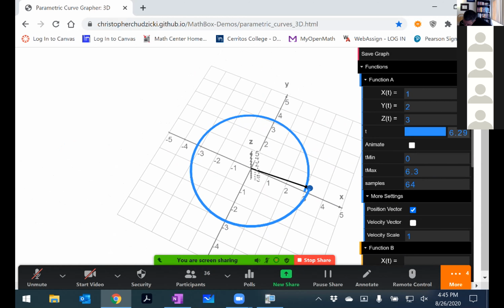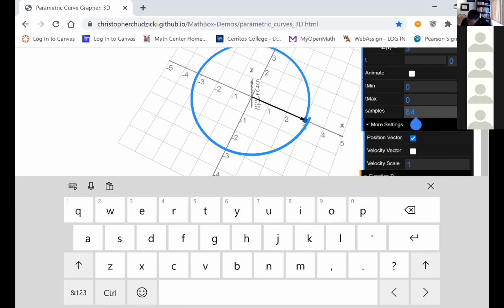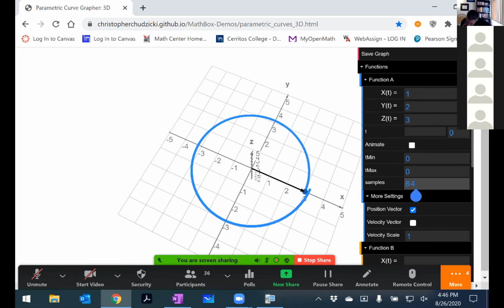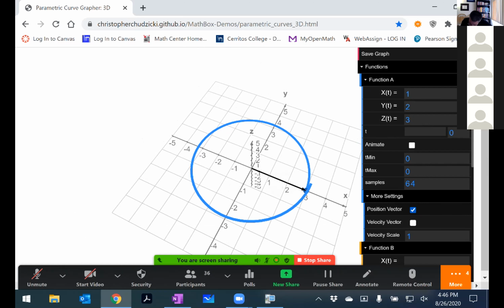I want t to be 0. What's the scale that I want here? Okay. So position vector, yes. Let's see what we got here.